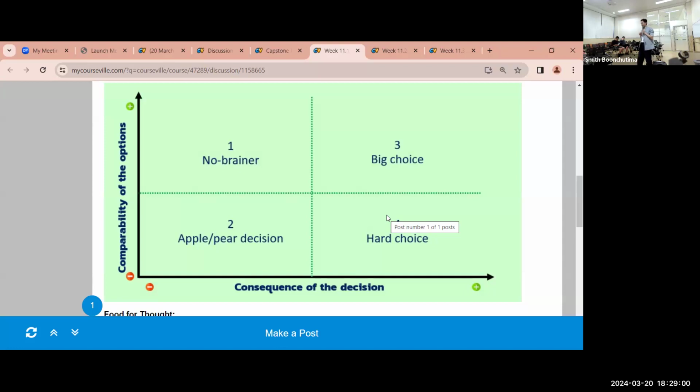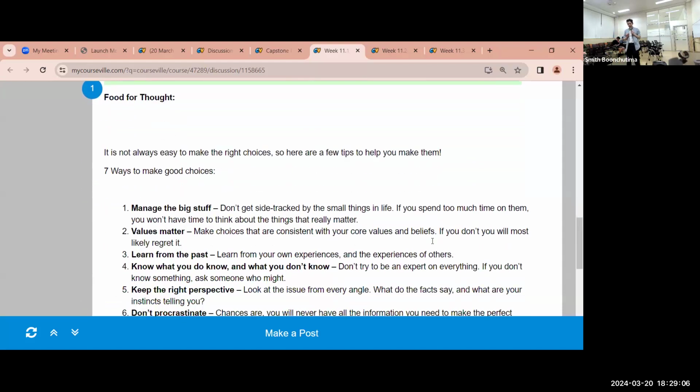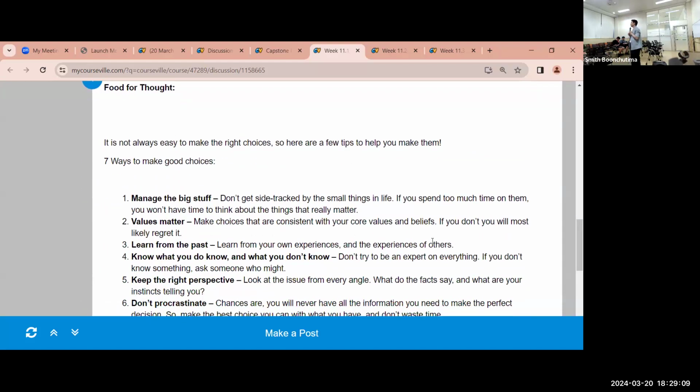What this activity has taught us is that when you have to make a decision, you always have to think about the consequence of the decision that you make, high or low.